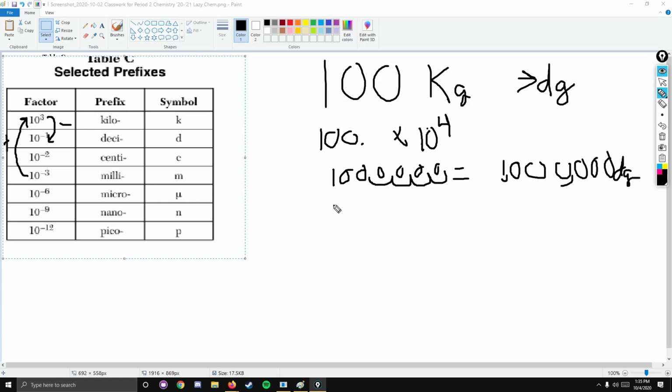So let's take 100 milligrams and let's convert that to kilograms. So milligrams is 10 to the negative third, and we're converting that to 10 to the third. You always start with the biggest number.